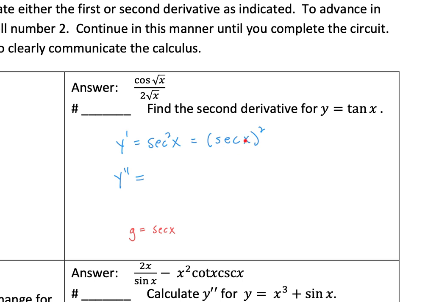Since this is secant squared, make the whole secant just x, so this is x squared. You can see if you substituted secant into x squared, you'd get secant squared. So that's just a composition.